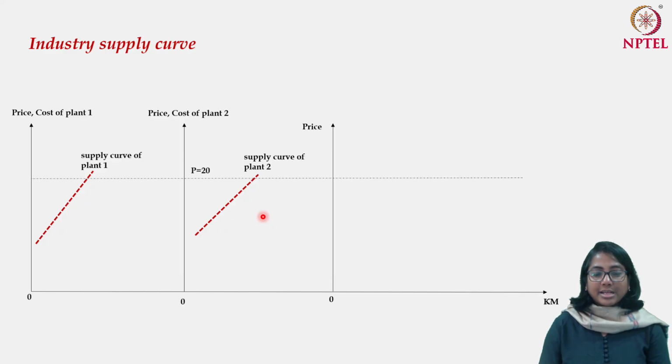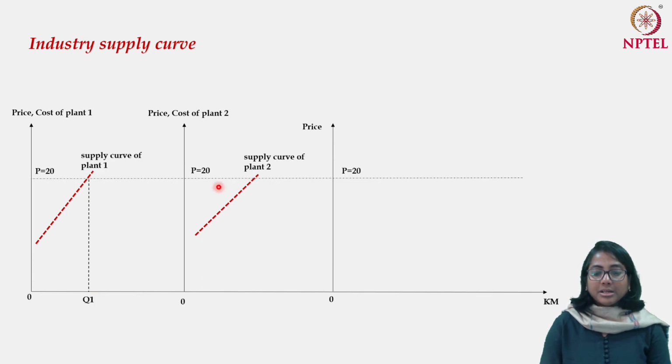Now what do we do? Suppose the price is fixed at this, so price equal to 20. This is the market determined price, and both plant 1 and plant 2 take this market determined price as exogenous information. Now what do they do? The first plant, given its profit maximizing behavior, will supply at this point where P intersects the marginal cost curve, and the quantity supplied here is Q1.